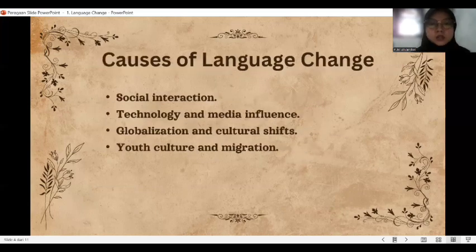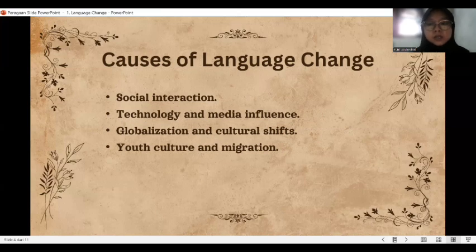Process of language change. The first is social interactions. People interact with new groups, leading to change. The second is technology and media influence, such as internet, texting, and social media introduce new expressions quickly.